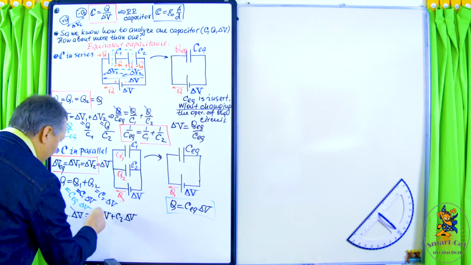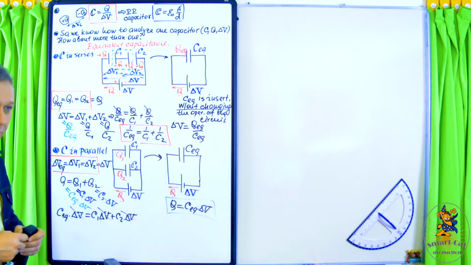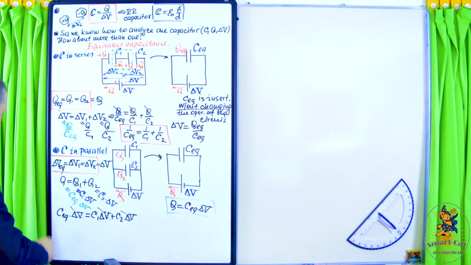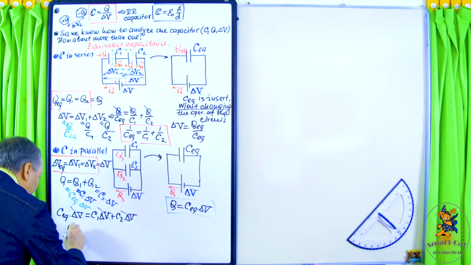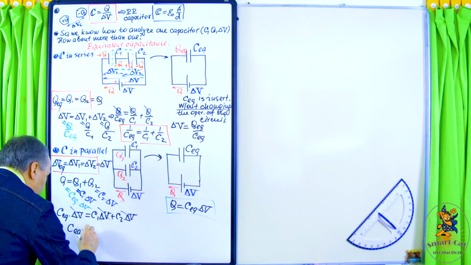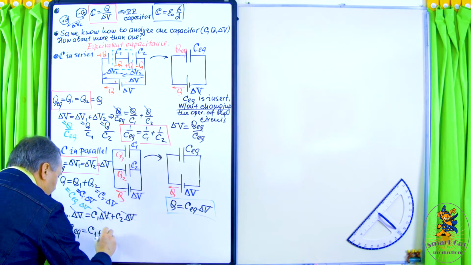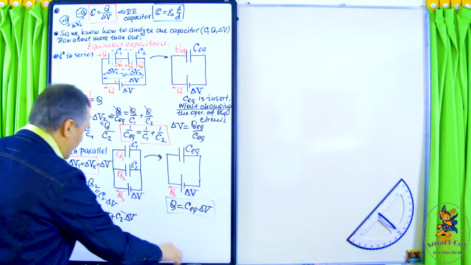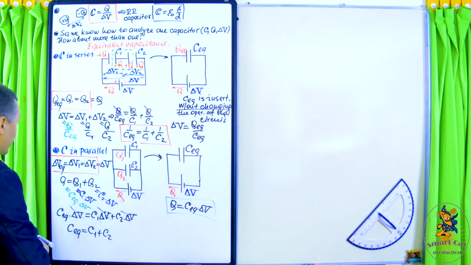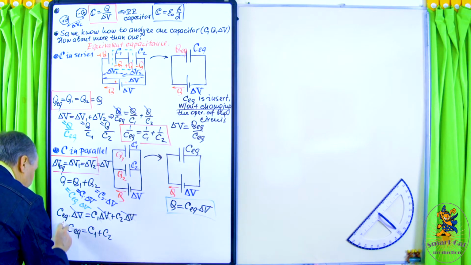So delta V can be canceled, and we're getting the formula, of course, which you are all familiar with, right? So as a result, we will end up with C equivalent equals C1 plus C2. And of course, if we have more than two capacitors, it will be plus C3 plus C4 and so on. So let me frame it.